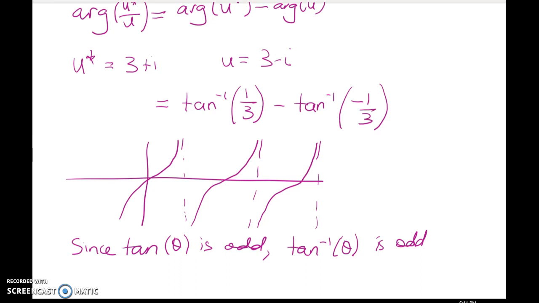So looking at it, you can see that the angle whose tan is 1/3 takes me from 1/3 here down to here. And because of symmetry, which is what odd functions are all about, if I'm looking here at negative 1/3, you can see that that's going to be negative theta.